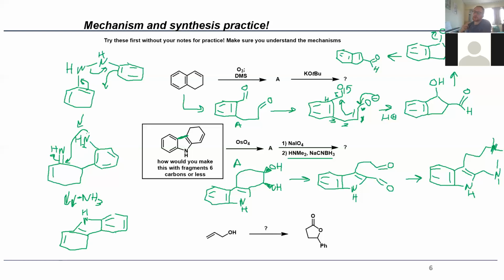And so I hope it's clear to you that the alkene ends up on this side because there is no proton here to make the corresponding enamine. Cool.